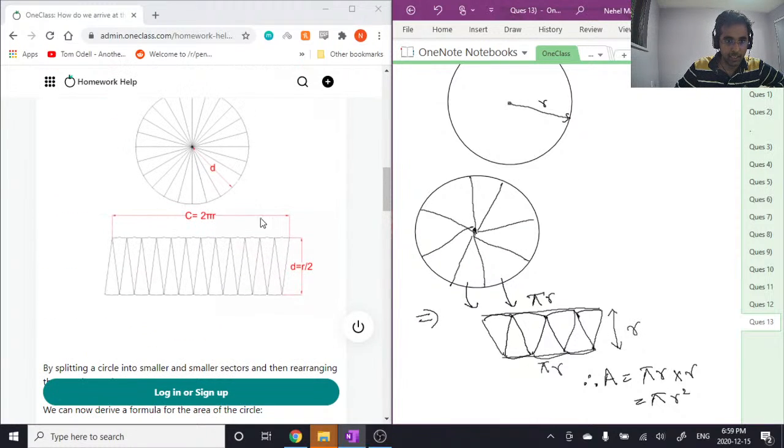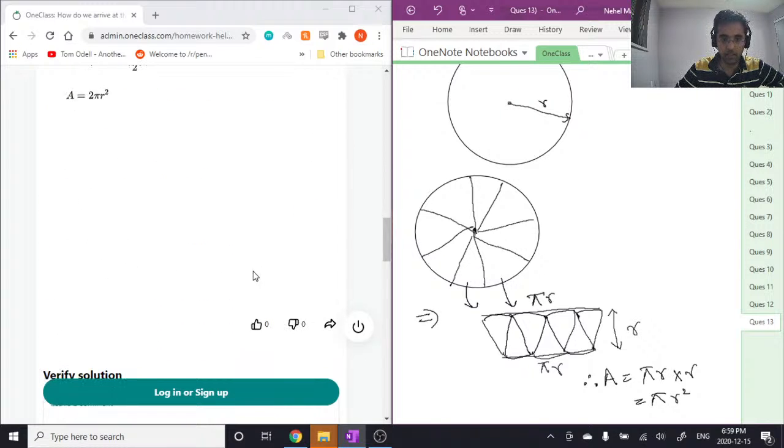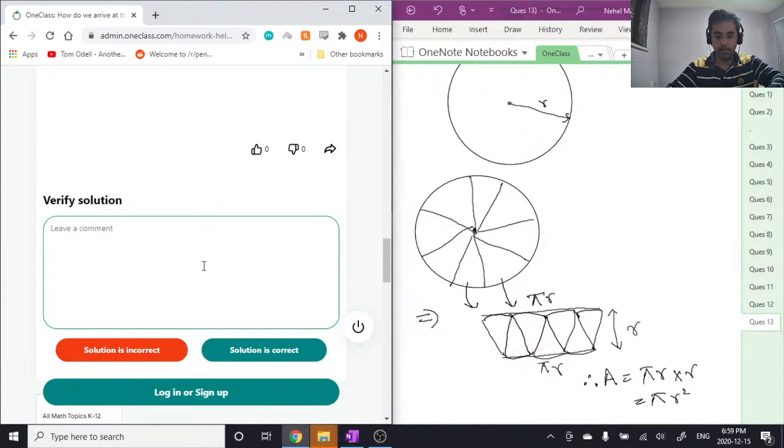So this is actually incorrect. The length of the top side should be just pi times r, and the right hand side should be equal to r.